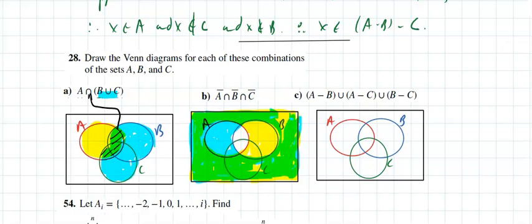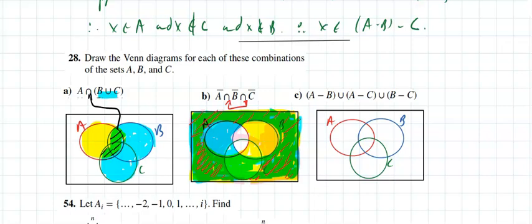Intersected with, not C. Not C would be anything other than this. And it looks kind of like a blackish color, the darker one, and again, we want those because we're looking for intersection.